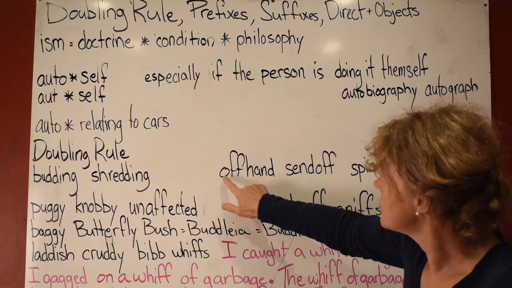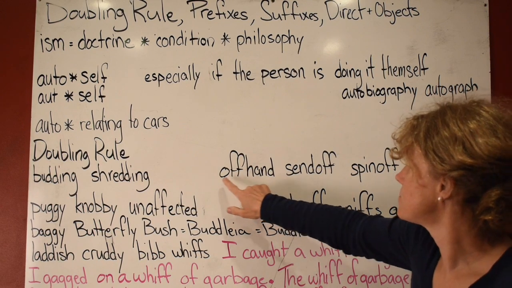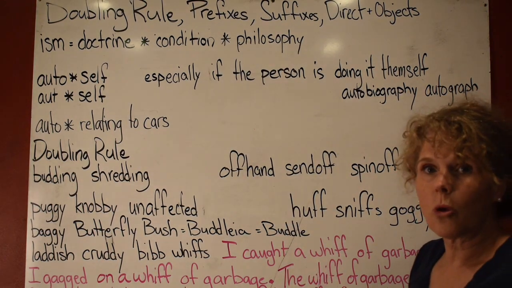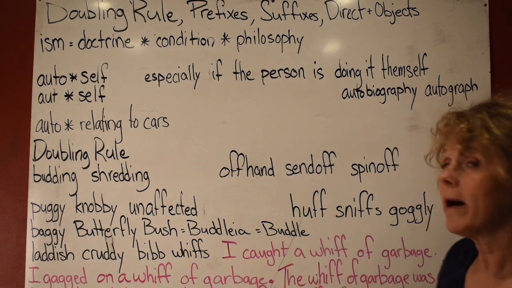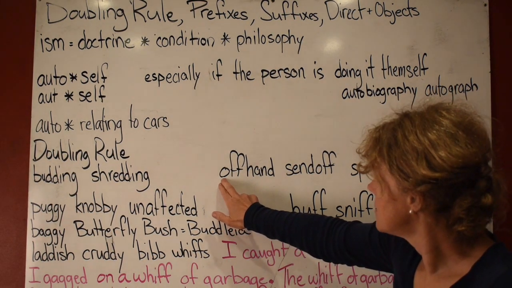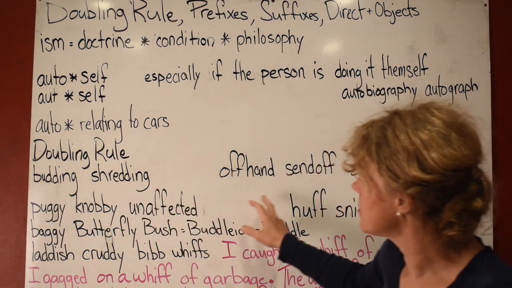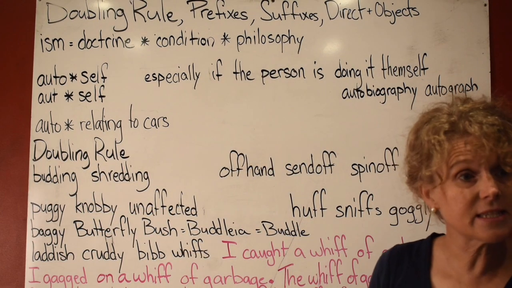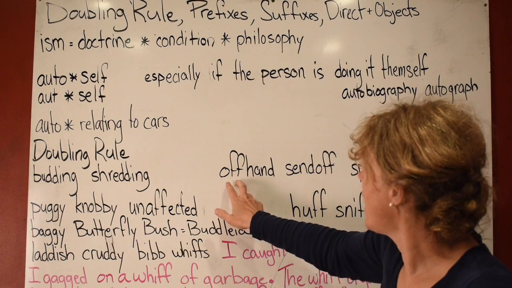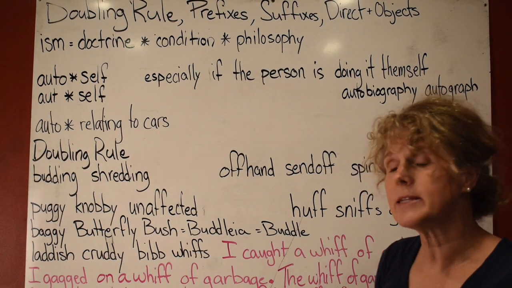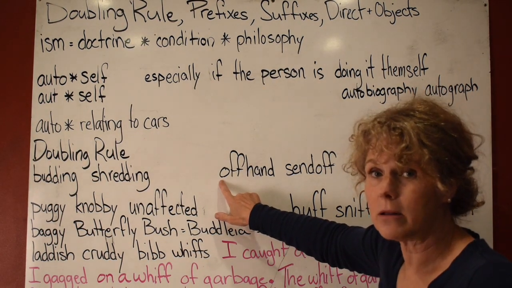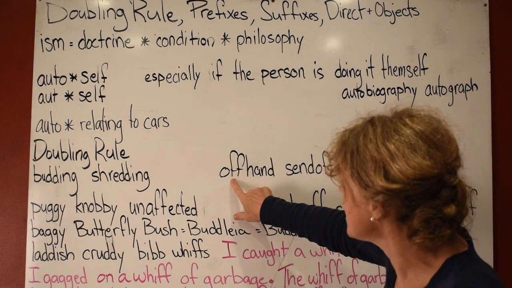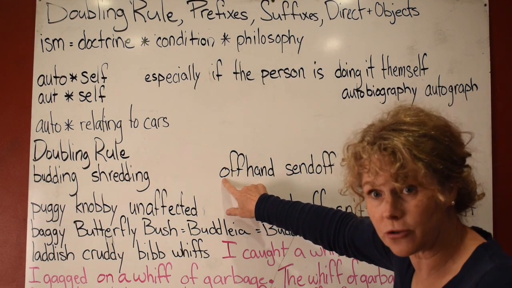So we have two vowels right here. And well, why is this being doubled? Because it's not going to be the doubling rule like this. It's a completely different reason why it's going to be doubled. The rule is if you have one vowel and it's right next to it. See how the F is right next to your vowel?